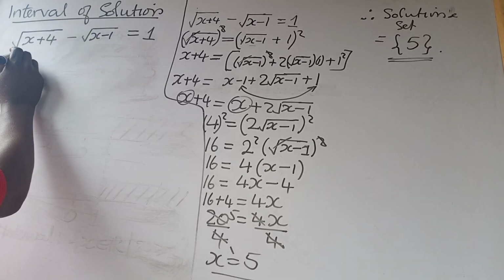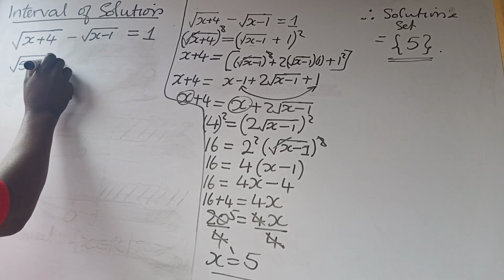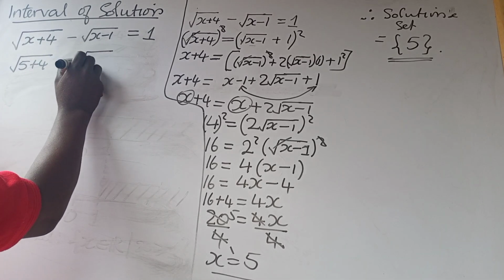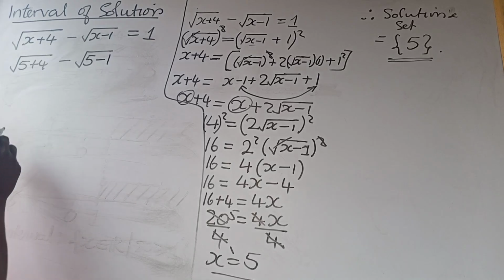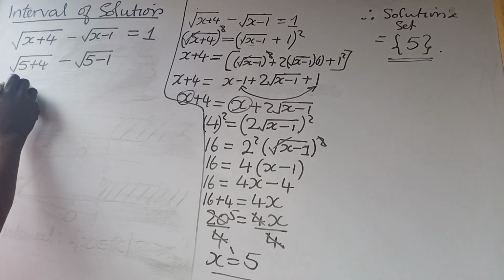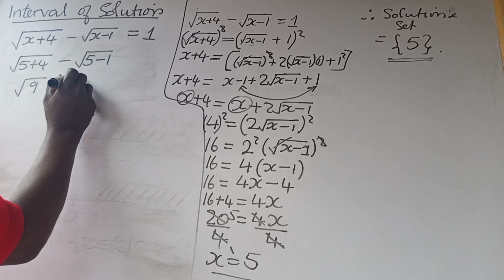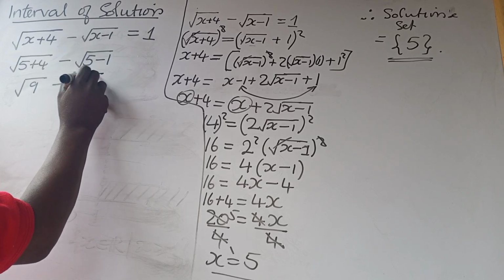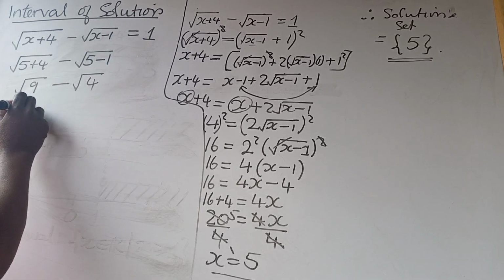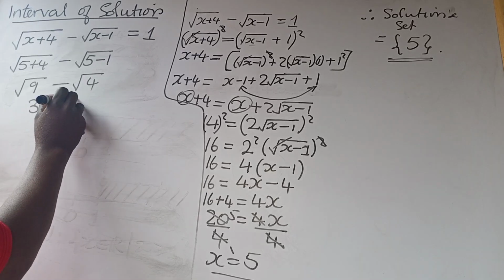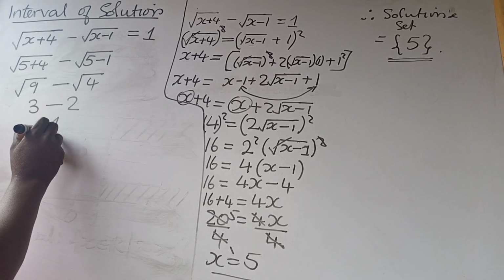Wherever we see x, we put 5. So we're going to have root 5 plus 4 minus root 5 minus 1. Okay, 5 plus 4 is 9. So that gives us root 9 minus root 5 minus 1, which is 4. Root 4. Root 9 is 3. Root 4 is 2. 3 minus 2 is 1.